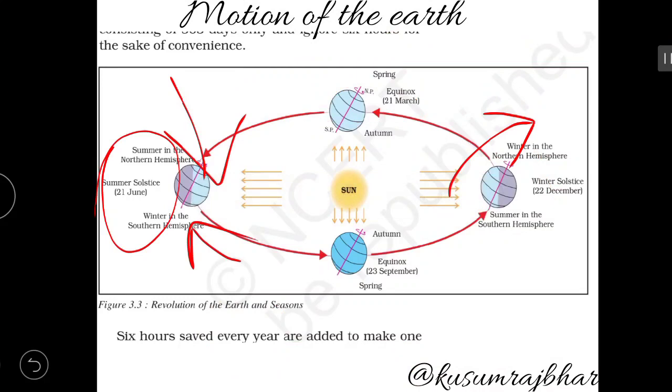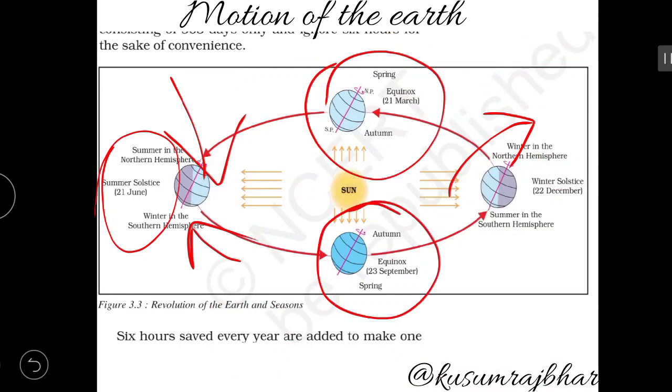Come to this, that is 21st March and 23rd September. This situation is known as equinox. Equinox means equal day and night.